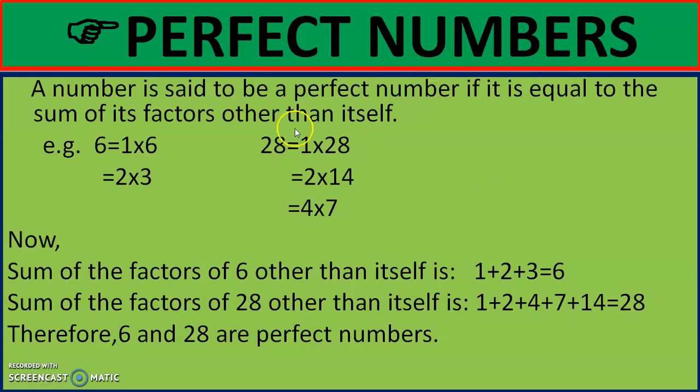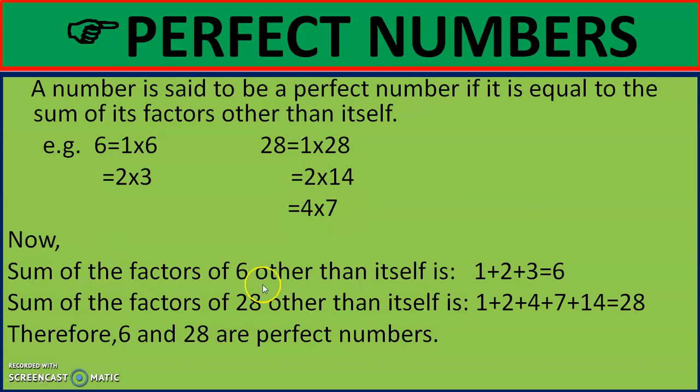What are perfect numbers? A number is said to be a perfect number if it is equal to the sum of its factors other than itself. I have taken two examples. 6: factors of 6 are 1, 6, 2, 3. And factors of 28 are 1, 28, 2, 14, 4 and 7.